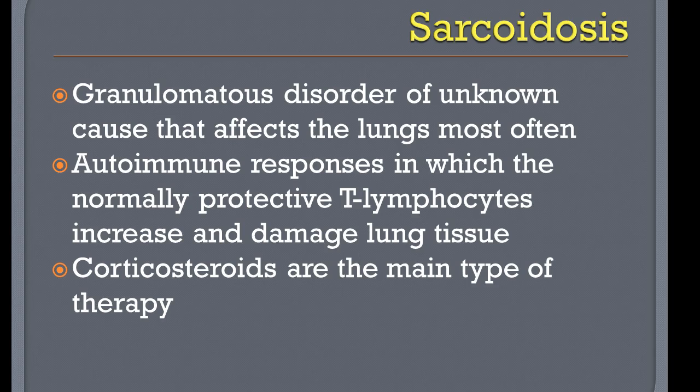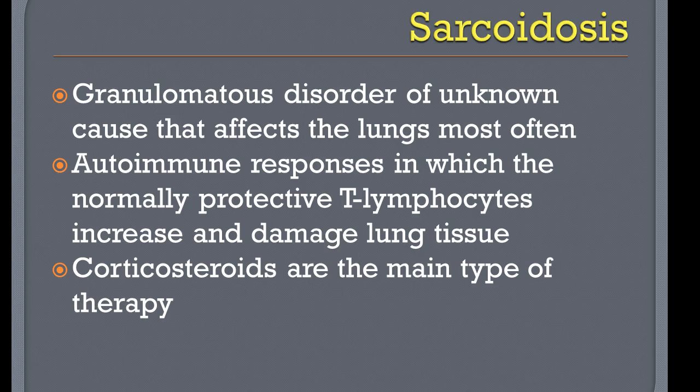You see people that get sarcoidosis, more of a granulomatosis disorder of unknown cause that affects the lungs most often. Alveolar inflammation, more of a fibrosis, scarring in the tissues, lung compliance, involves the lungs, lymph glands.